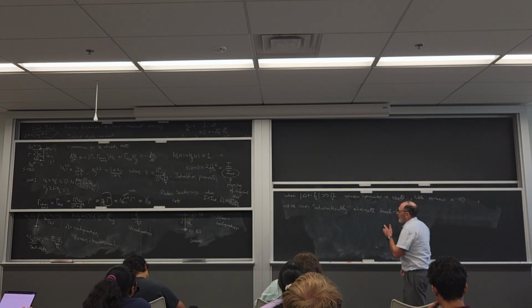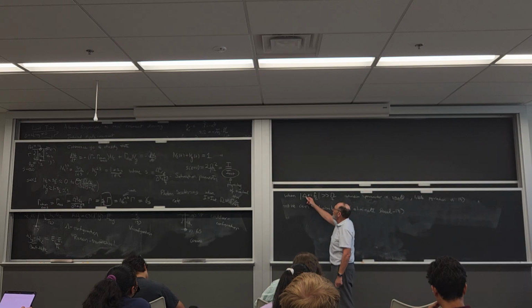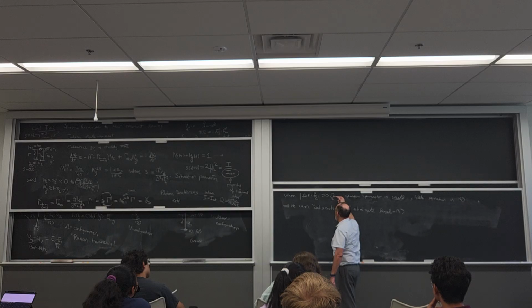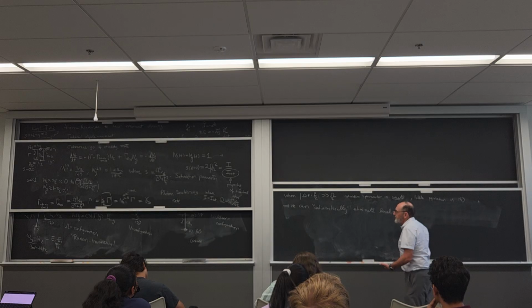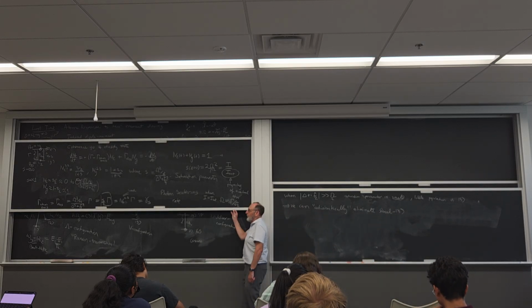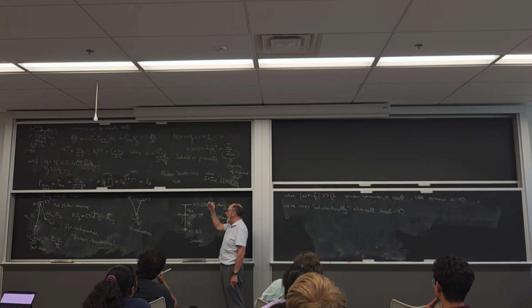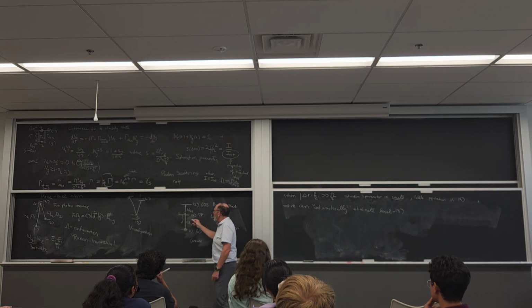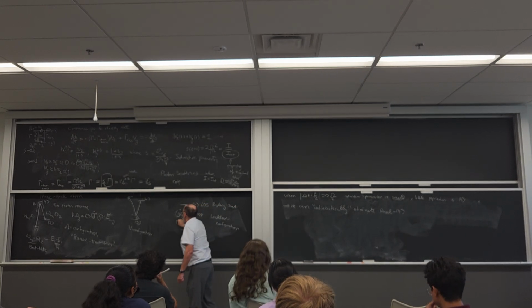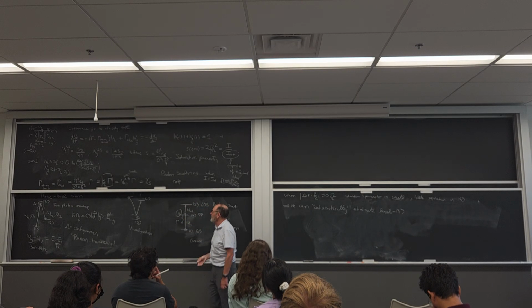Well, there are different scales in the problem. There's the detuning, the spontaneous emission rate, and the Rabi frequency. As we'll see when we go through this in detail, the rate of change of the probability amplitude in the lower intermediate level will be dominated by the detuning and the Rabi frequency. That tells me something about the timescale over which it changes.